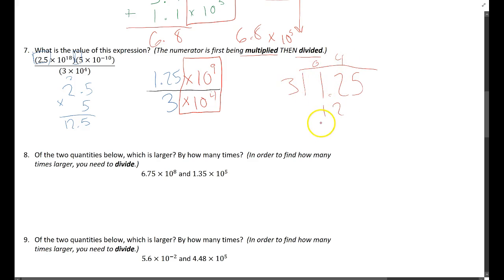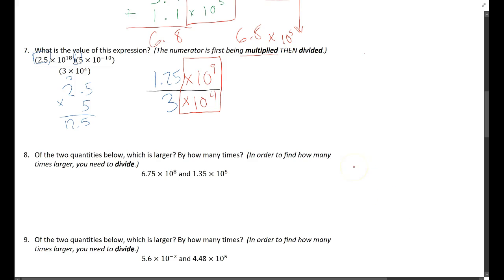I get 12, and I get 0. And then I bring down the 5. 3 goes into 5 one time with a remainder of 2. Bring in my decimal. 3 goes into 20 3 times. And then I see this is going to be an endless loop. So I get 0.413.